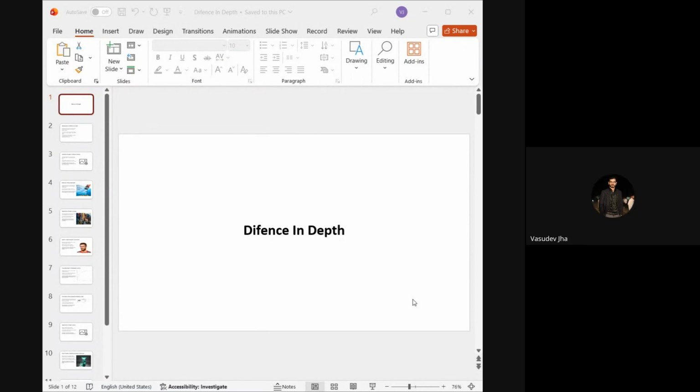Now, when we are talking about defense in depth, anyone having any idea what defense in depth is? Any basic idea about this topic? Okay, let it go. In the next slide, you will find a lot of definitions and formal things.